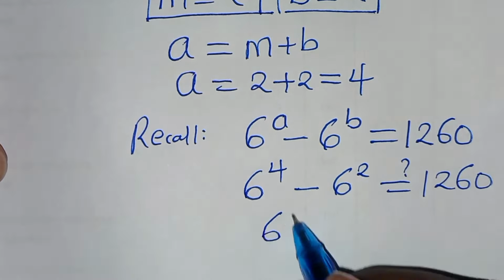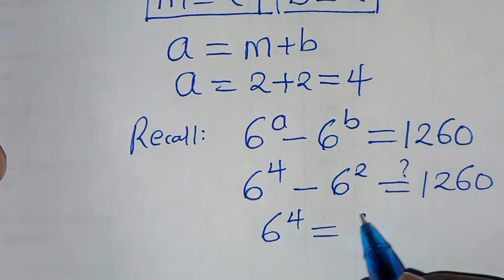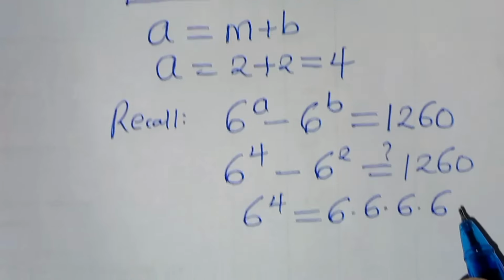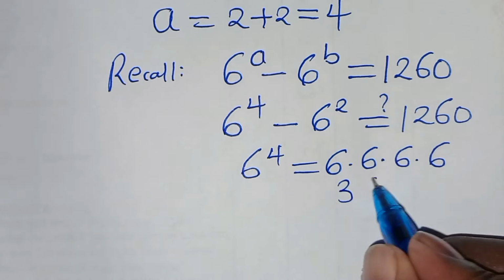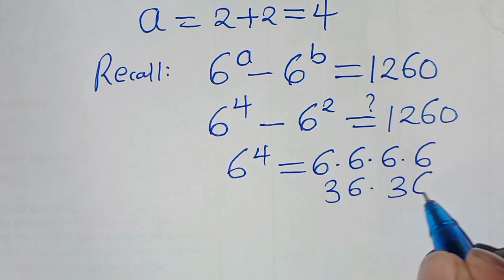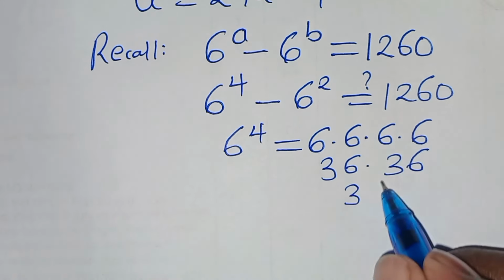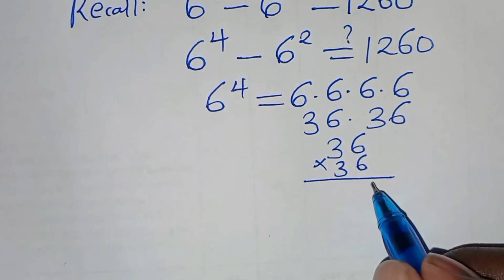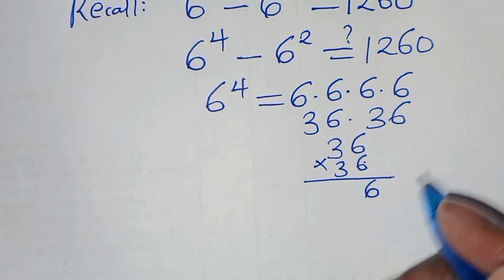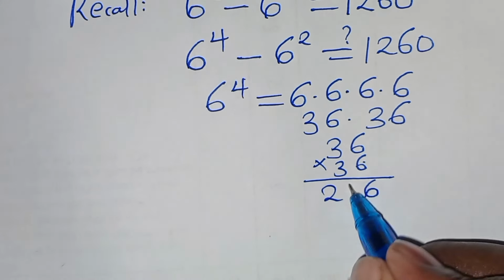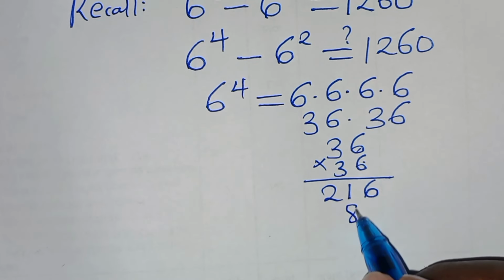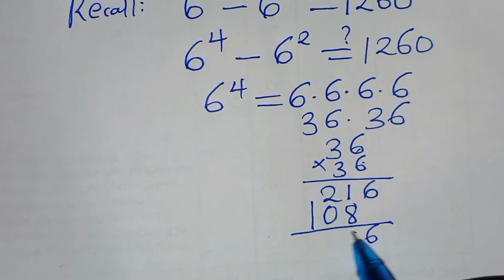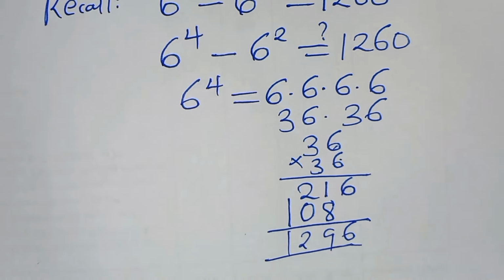So 6 to the power of 4 is 6 multiplied by 6, multiplied by 6, multiplied by 6, so here we have 36 times 36. This is 6 times 6, which is 36, carry 3. 6 times 3 is 18, plus 3, this is 21. 6 times 3, 18, carry 1, this is 9 plus 1, 10. So this is 1296.